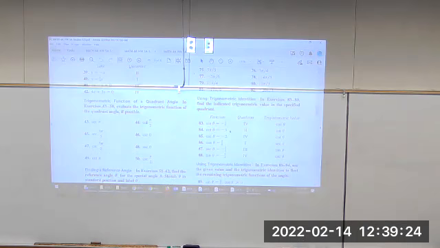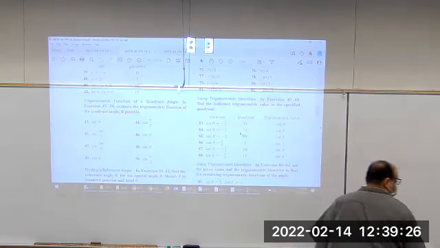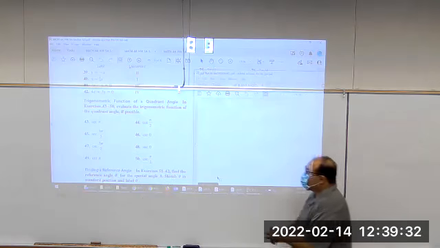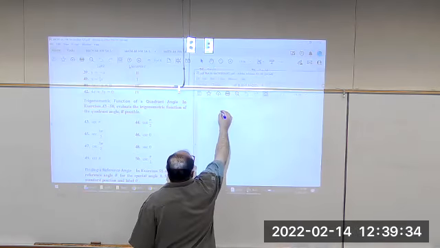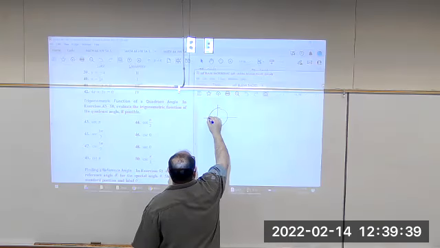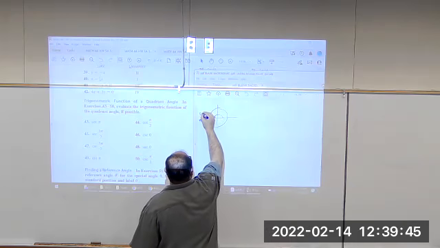You know, so even if you just visualize, 4π over 3. Pi is over here. Okay, so right here, pi. You know that r and x are the same.